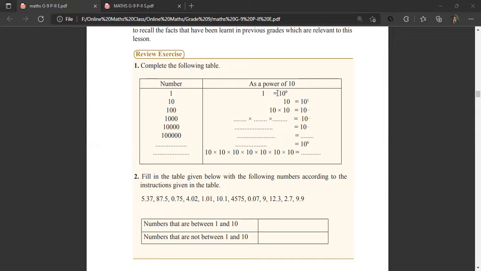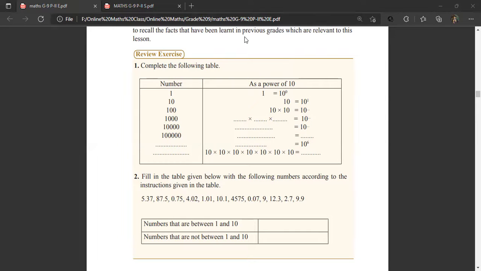So you can easily write down: 1 equals 10 to the power 0, 10 equals 10 to the power 1, 10 into 10 is 10 to the power 2, then 10 to the power 3, 10 to the power 4, likewise, right?